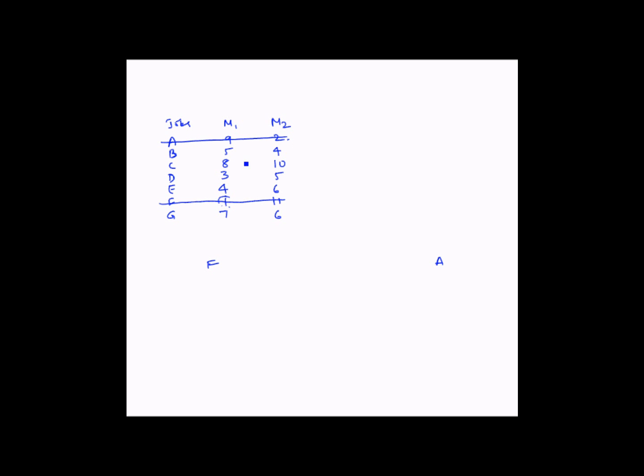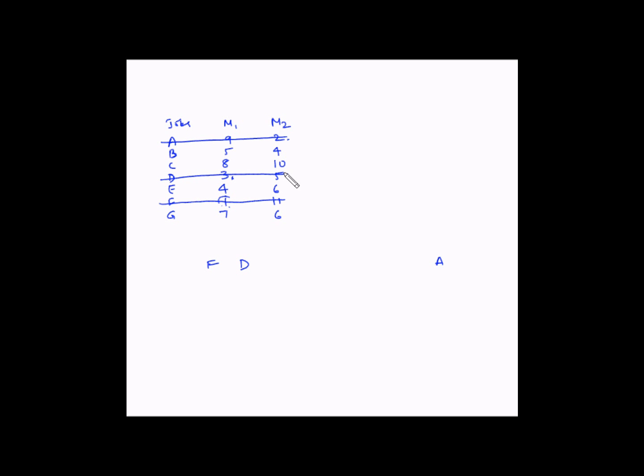The next shortest time is 3, which is for job D. Since 3 is on the first machine, that is M1, we'll process D after F. So we'll put D here and cut the line.